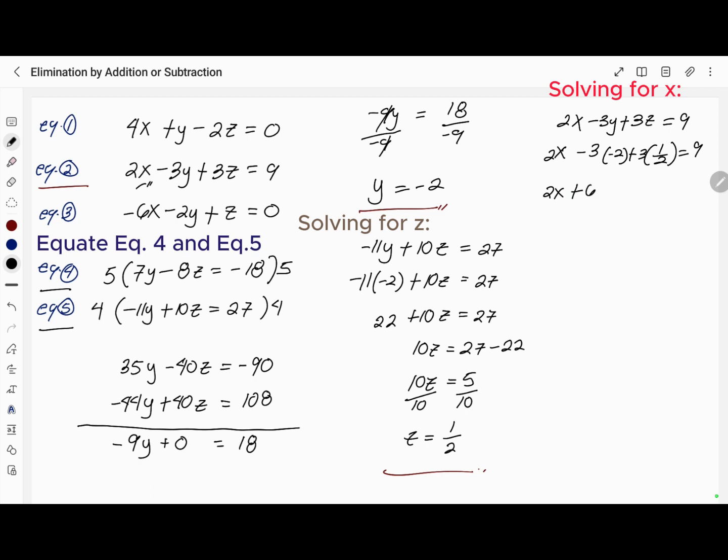Then 3 times 1 half, that is 3 halves. Substitute the 6 and 3 halves, so we have 2x is equivalent to 9 minus 6 minus 3 halves. And that is equivalent to 3 halves. To get the value of x, let's divide both sides by 2 or multiply both sides by 1 half. So we get the value of x equivalent to 3/4.